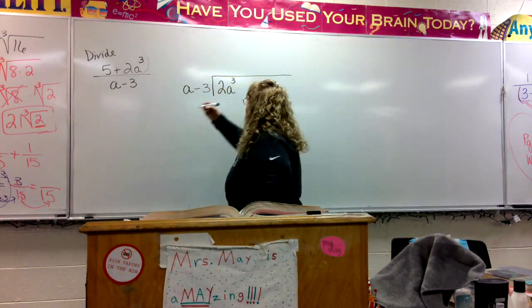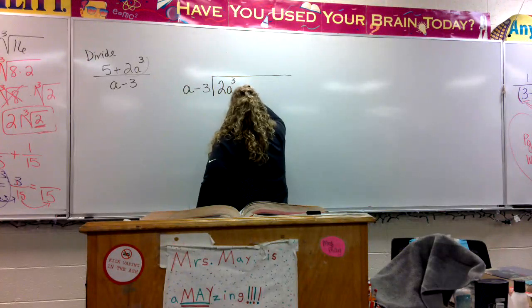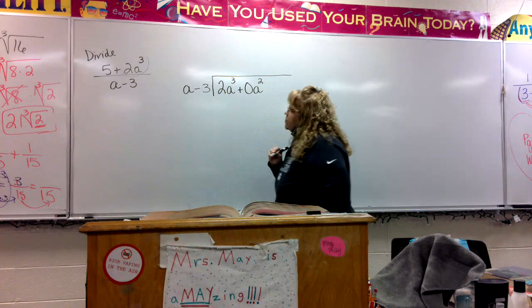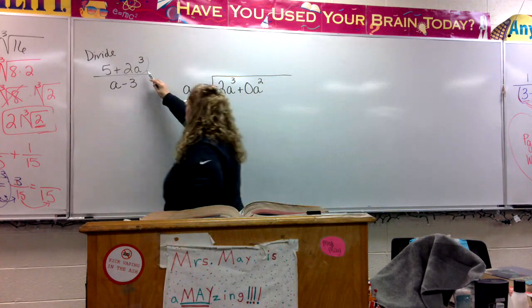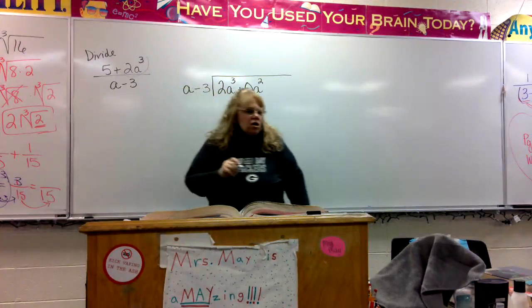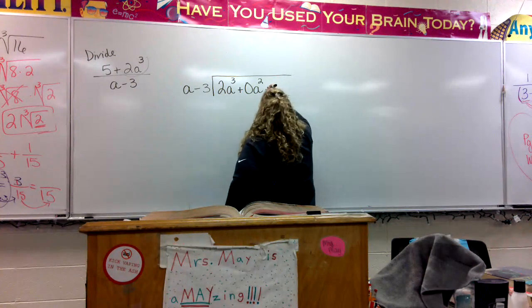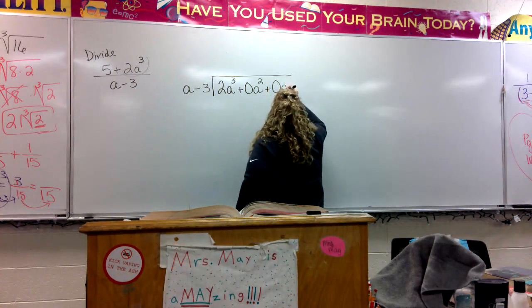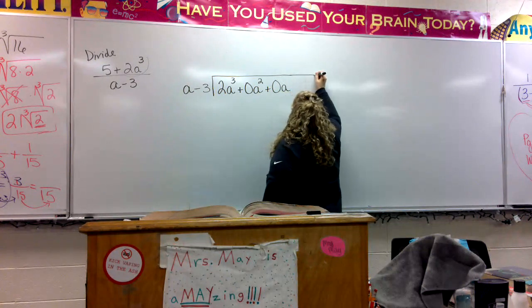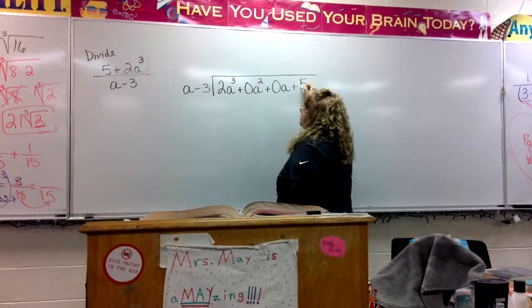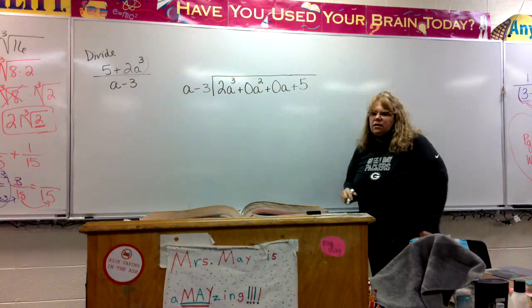None. So I need to put in here plus 0a to the second. How many a to the first do I have there? None. I need to put in 0a to the first. And then my a to the 0 power right there.